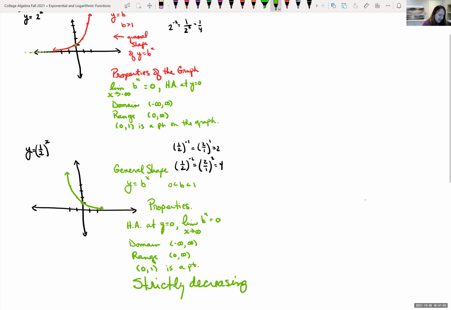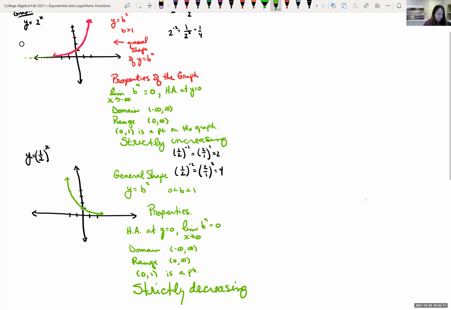And when we look at the graph where b is bigger than 1, this is going to be strictly increasing. Okay.